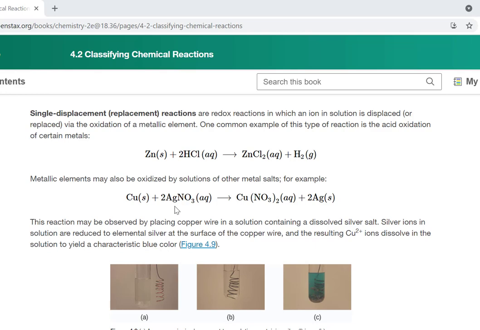So that is a reduction. Okay. So whatever metal is starting out initially by itself is going to be oxidized when we get to the product side, and then whatever is initially in a compound is then going to be reduced. Okay, so that's one way when you have a single displacement reaction to quickly make those sorts of decisions.